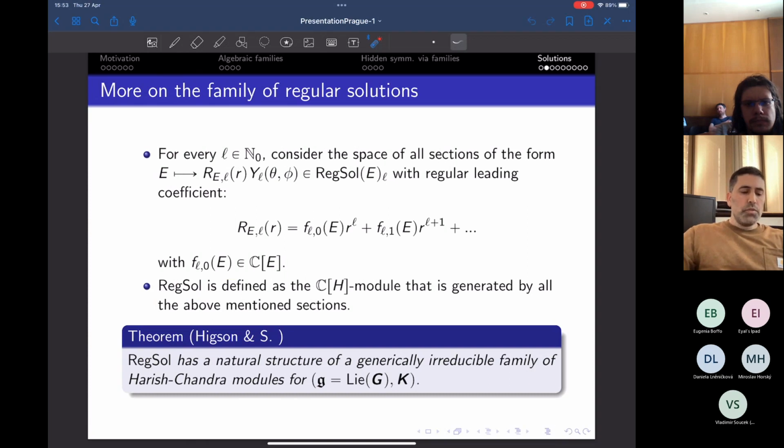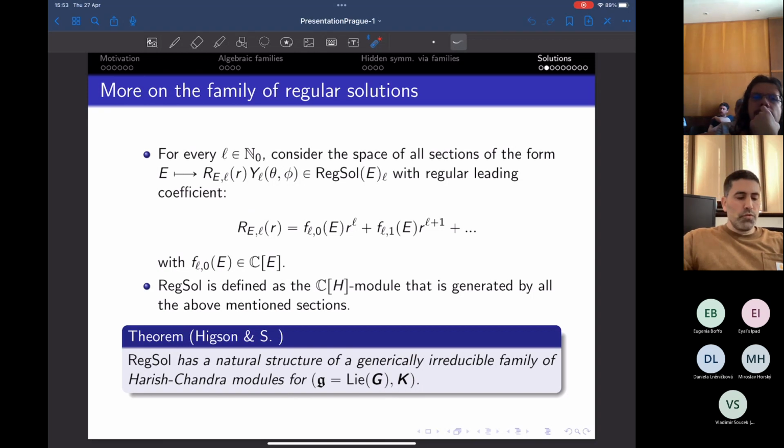It's not complicated to see that this thing that we just defined is a nice C of H module, and it also has a good action of K, the constant family of groups with fiber SO3.